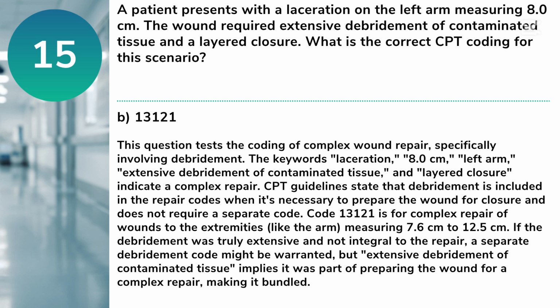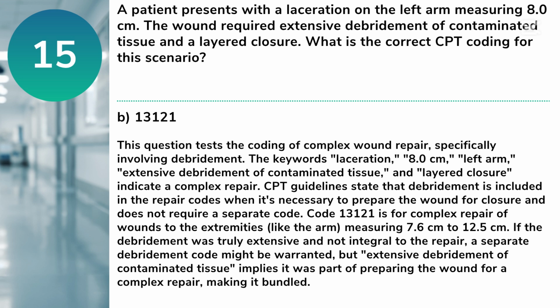This question tests the coding of complex wound repair, specifically involving debridement. The keywords laceration, 8.0 centimeters, left arm, extensive debridement of contaminated tissue, and layered closure indicate a complex repair. CPT guidelines state that debridement is included in the repair codes when it's necessary to prepare the wound for closure and does not require a separate code.